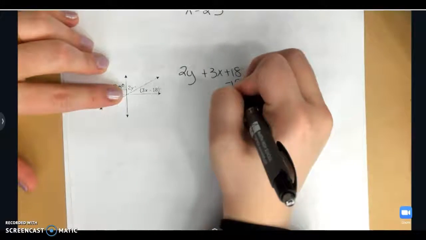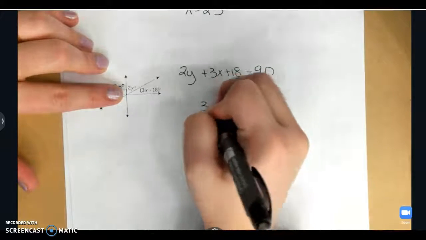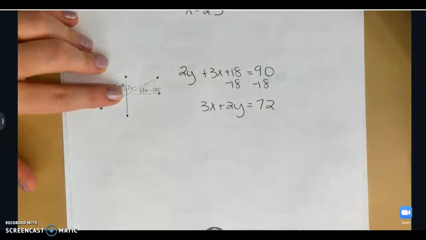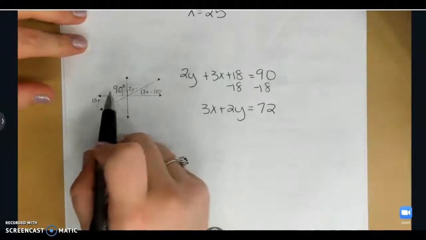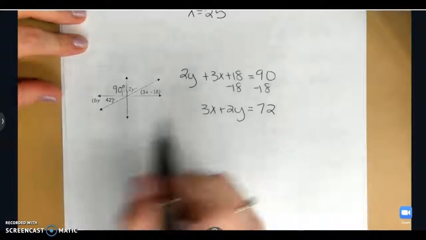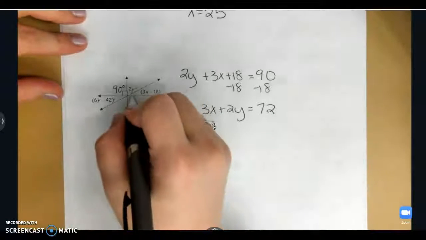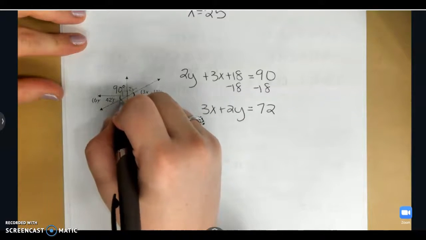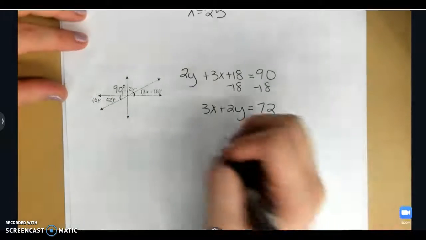All right, and I'm just going to rewrite this in standard form, getting my variables on one side and my constants on the other. Okay, so there's my first equation. Then if I look at my vertical angles here, this angle 3x plus 18 is across from 6y minus 42.